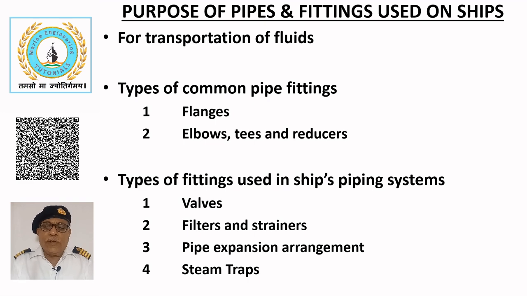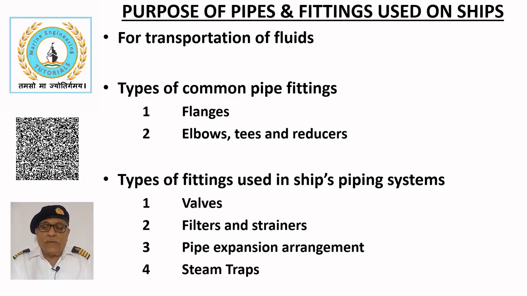When a ship is constructed, a pipeline layout is prepared showing the interconnection of different equipment through pipelines. The layout plan indicates the size of each line, the material specifications, and other important details.